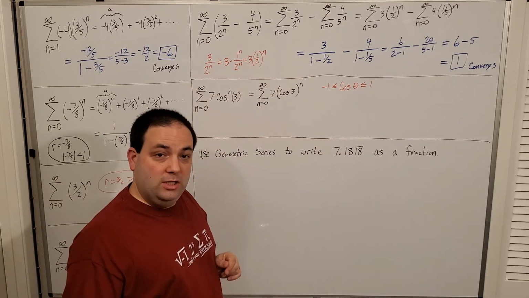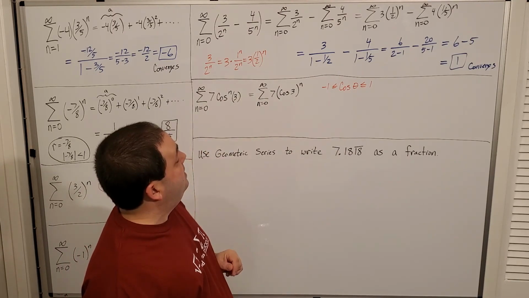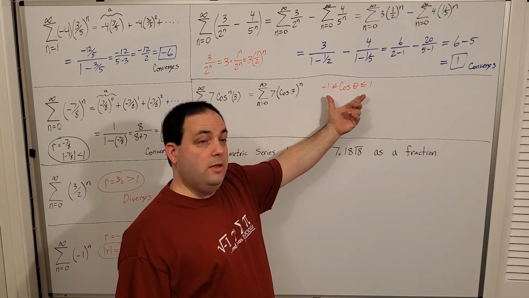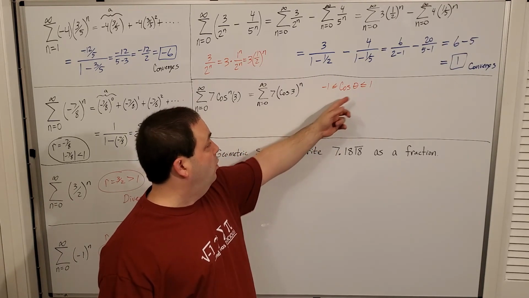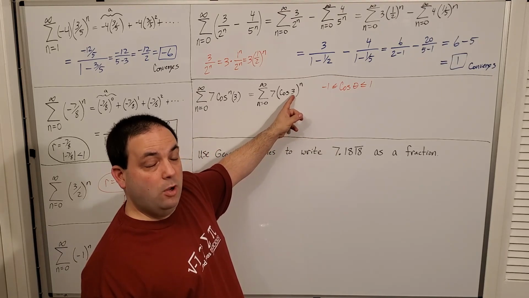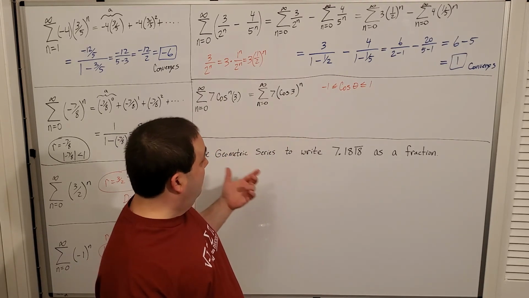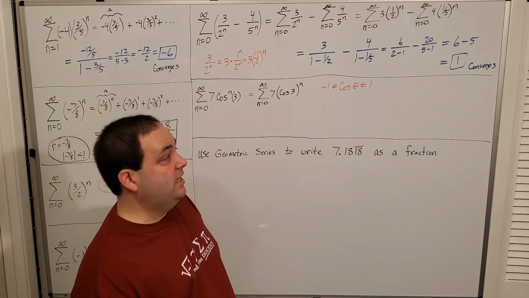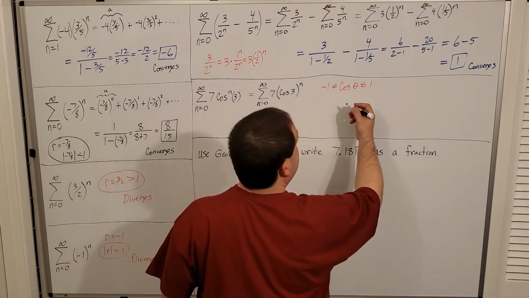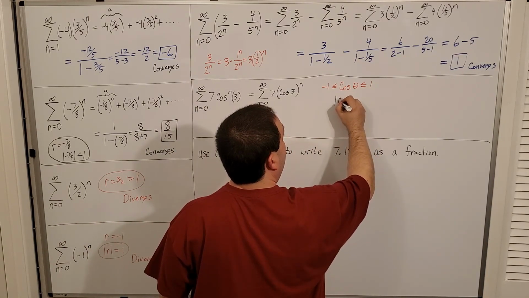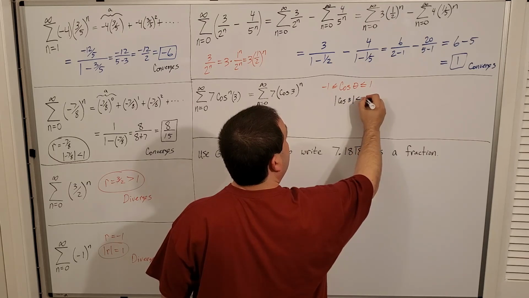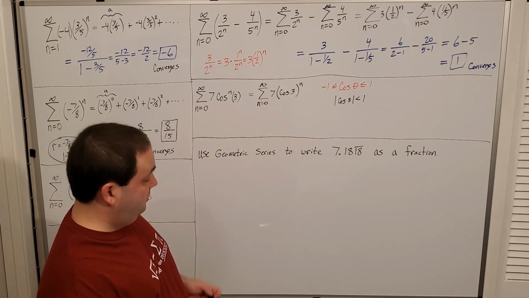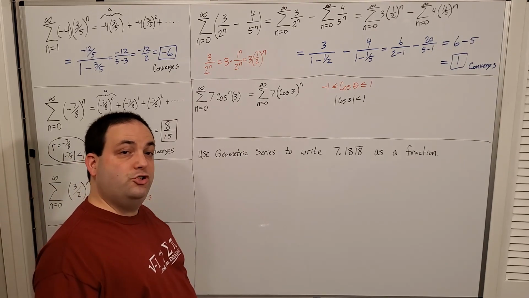But regardless, cosine of 3 is some value in between -1 and 1, and it's not equal to -1 or 1 because it's not pi or 0 in the argument. Therefore, cosine of 3 is an r that's less in size than 1. I can say this for a fact. The absolute value of cosine of 3 is less in size than 1. Therefore, this converges. Well, what does it converge to?